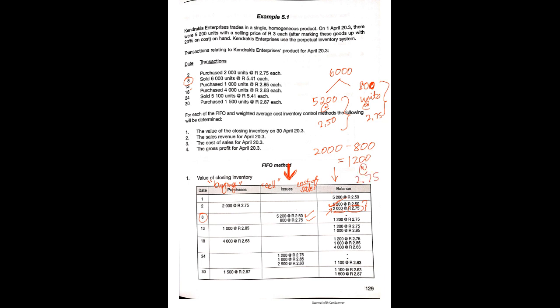So now your closing balance is going to be the 1,200 units at 2 Rand 75. And now we can look at the next transaction. Okay, then they said to you on the 13th. So now on the 13th, and I'm just going to erase some of this so I have enough space.